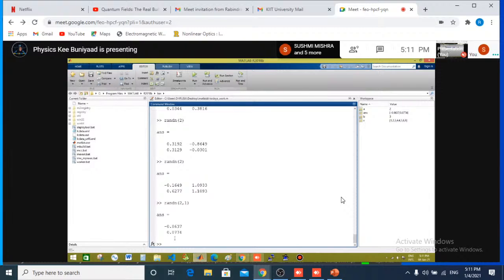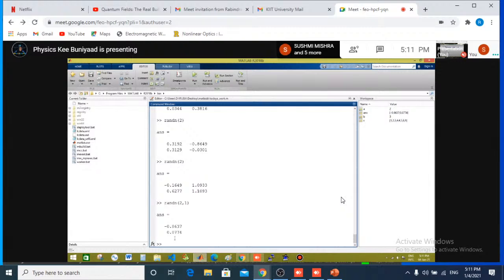When I take max of this matrix, it will give you the maximum value in every column. In the first column, 1 and 4, the maximum is 4. Similarly, in the second column 2 and 5, the maximum is 5. In the third column 3 and 6, the maximum is 6, and in the last column 9 is the maximum. So it gives the maximum value in every individual column.